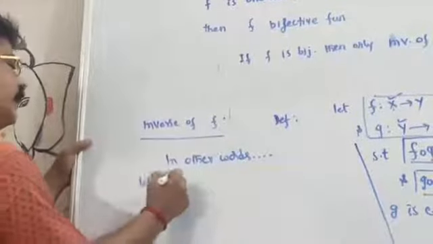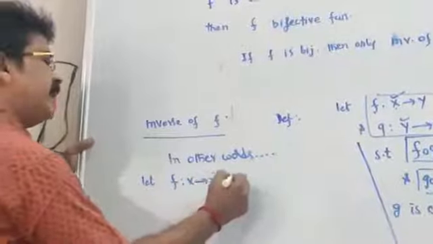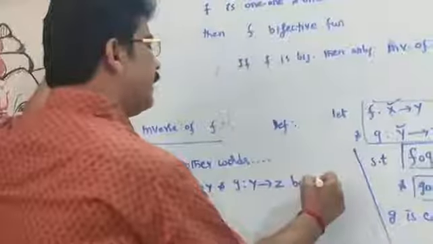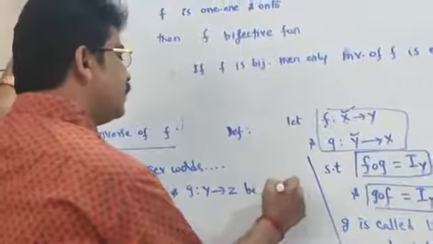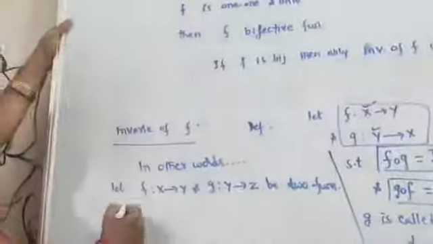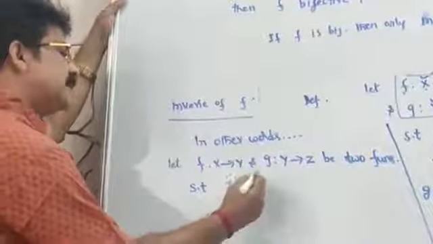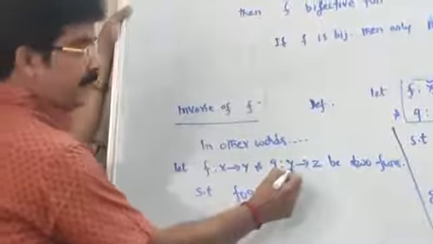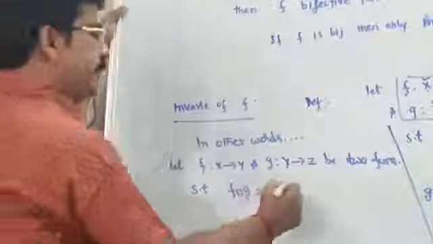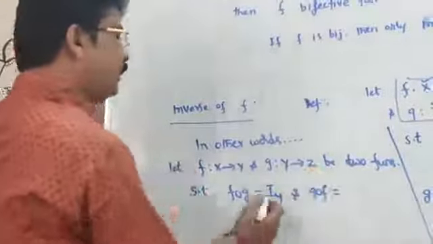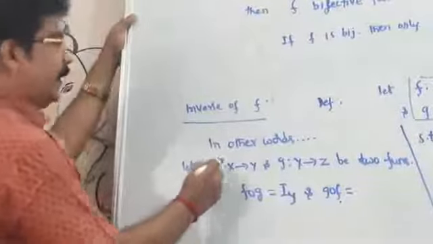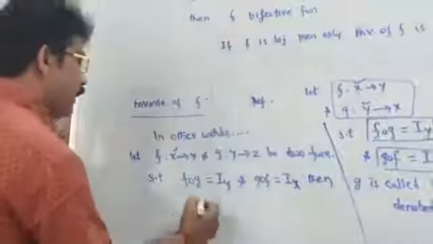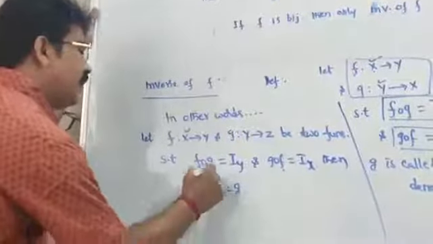Let f from capital X to capital Y and g from Y to X be two functions, so that f circle g equals Iy, since the last letter is g, its domain is Y, and g circle f equals Ix, since the last letter is f, its domain is X. Then f inverse is equal to g. g is called f inverse.